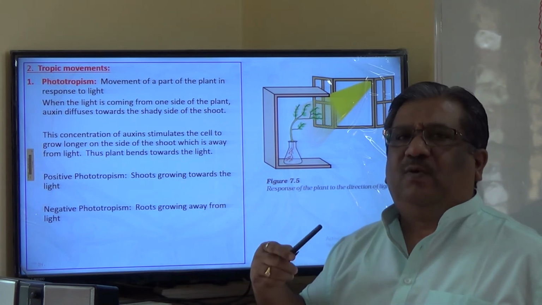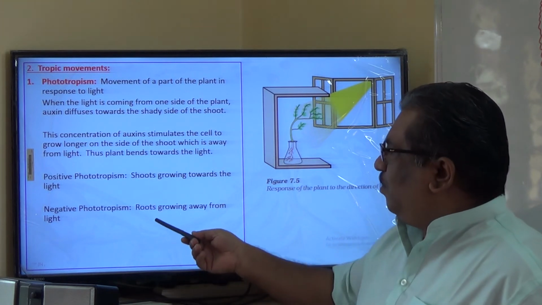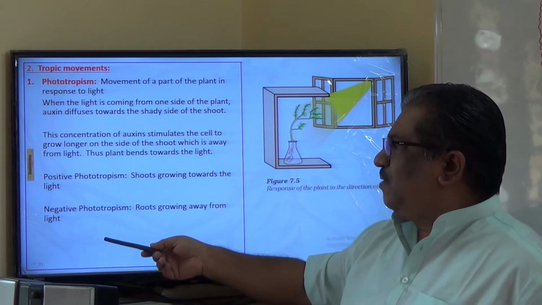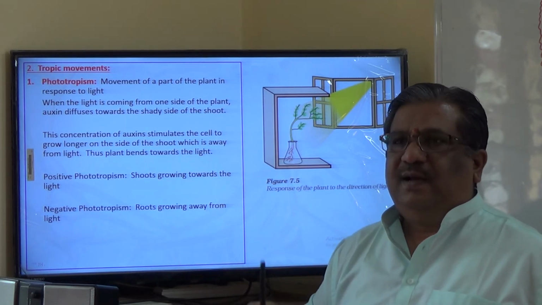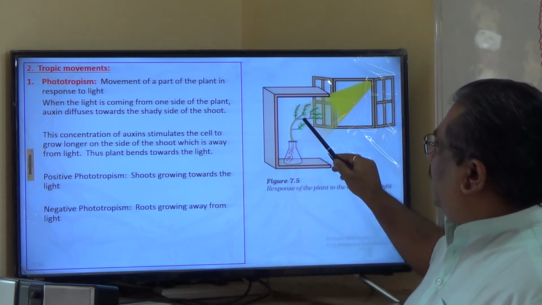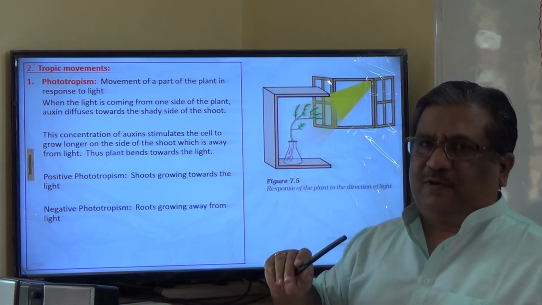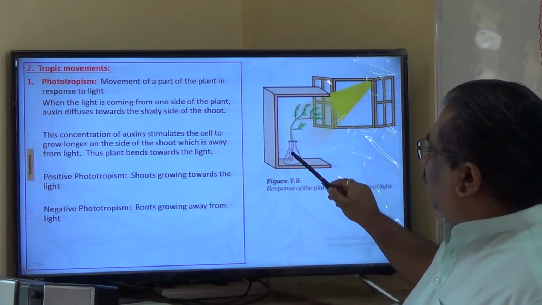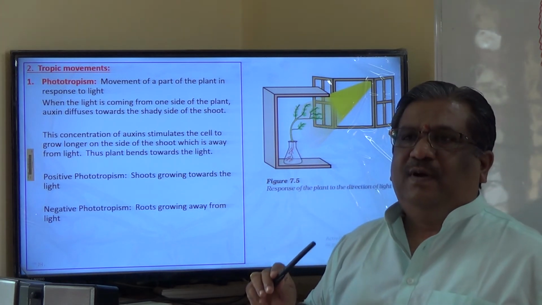Roots generally grow away from the light, and therefore it is called negative phototropism. And what is the stimulus here? Light is the stimulus. So growth of the stem in the direction of the light is positive phototropism, and growth of roots away from the light is called negative phototropism of the roots.